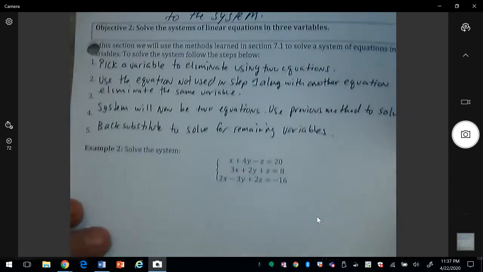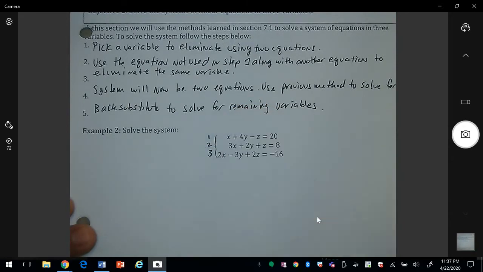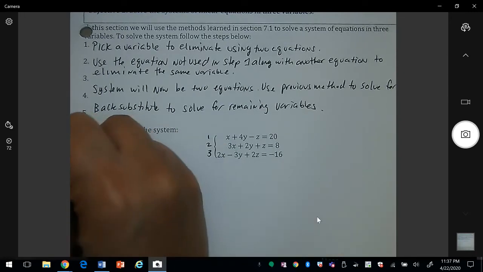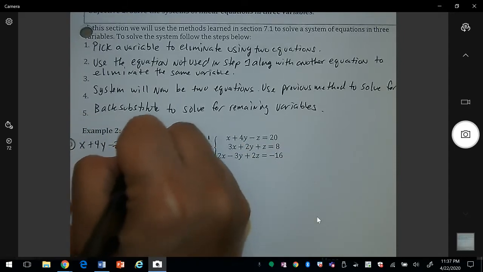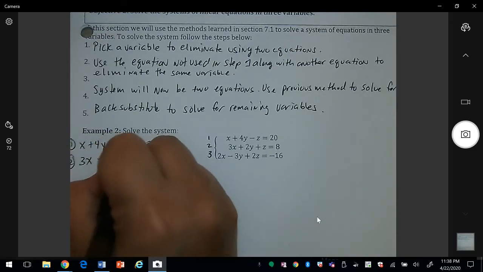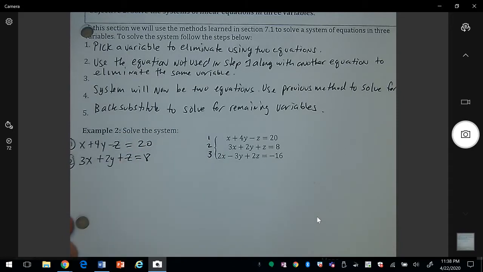What I like to do here is label these equations 1, 2, and 3. And so here I'm going to go ahead and choose equation number 1 and equation number 2. And then I'm going to choose a variable that I can get rid of.